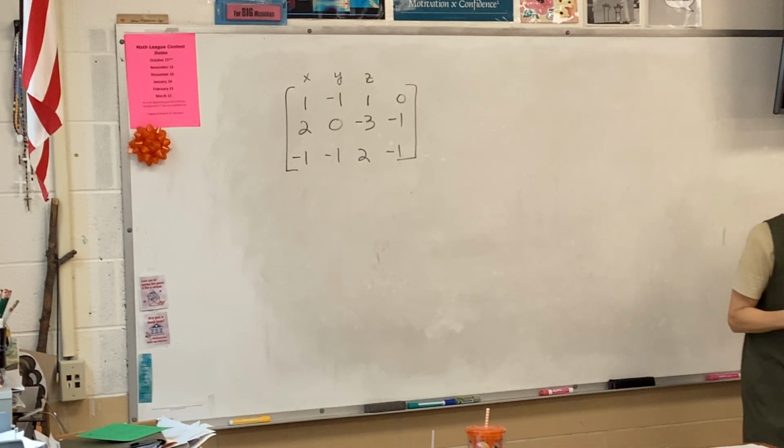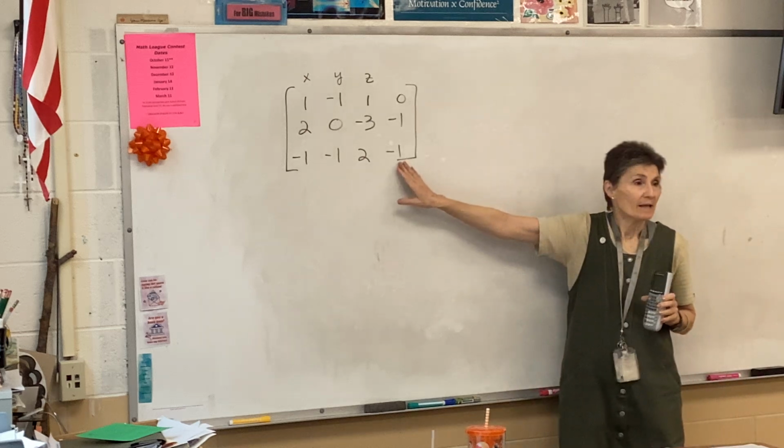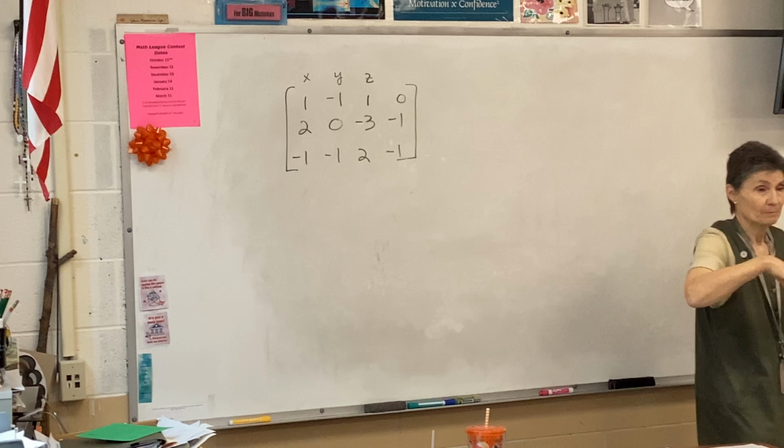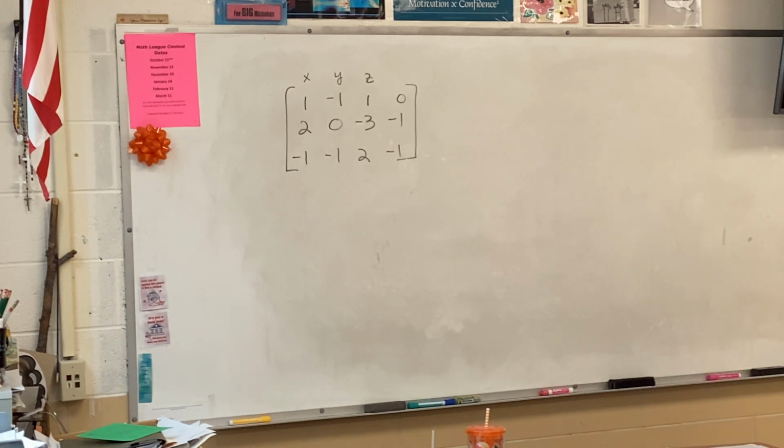And as soon as you put in that last number and press enter, then we are done editing. The matrix is in. So we're going to do second quit, and then we have to go back in and do something.